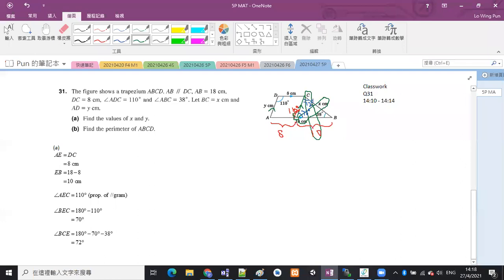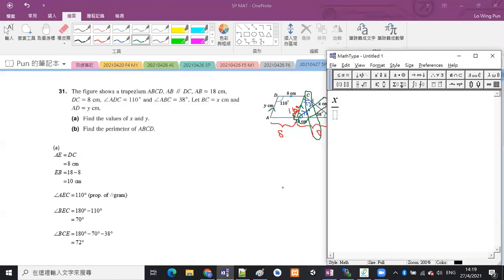And then 10 and 72 degrees is the other pair, the known pair. Okay, and now I want to find x, so I put x on the top left corner divided by sine 70 degrees is equal to the other pair, 10 divided by sine 72 degrees. Okay, and then we just multiply the sine 70 degrees to the right hand side.